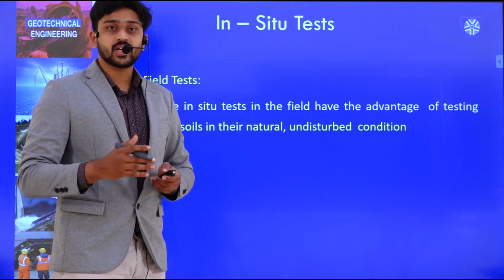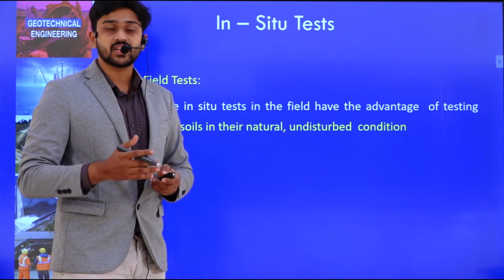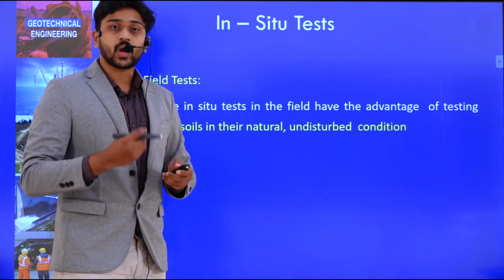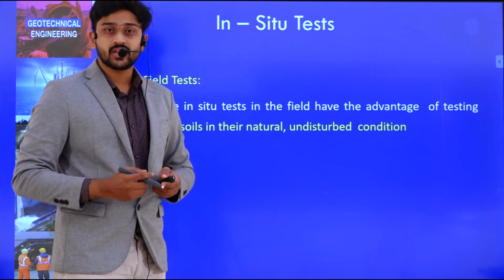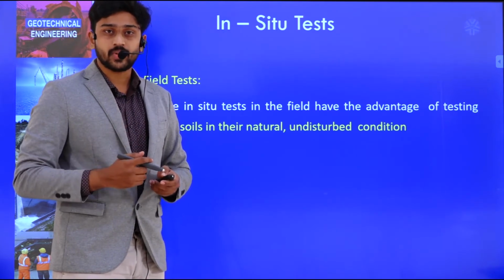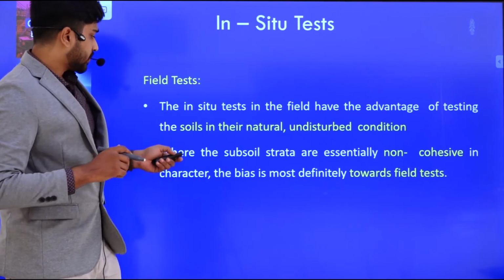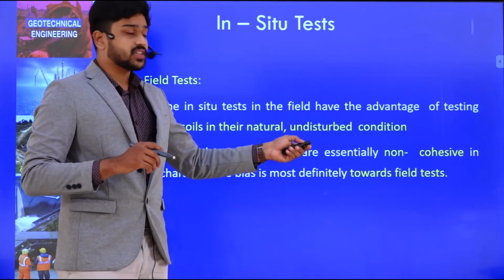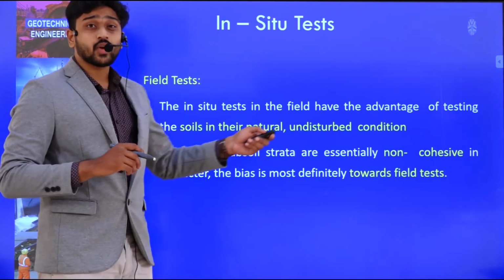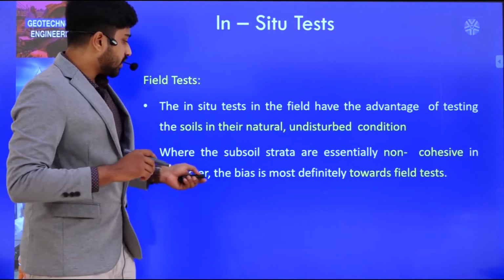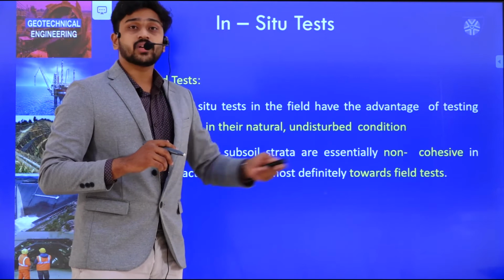If it is getting disturbed, the properties are actually changing, so if it is undisturbed, we can acquire the actual properties of the soil, that is the index as well as engineering properties. Clear? That is the advantage of field tests. Where the subsoil strata are generally essential, in case of non-cohesive soils, the bias is definitely towards the field test.